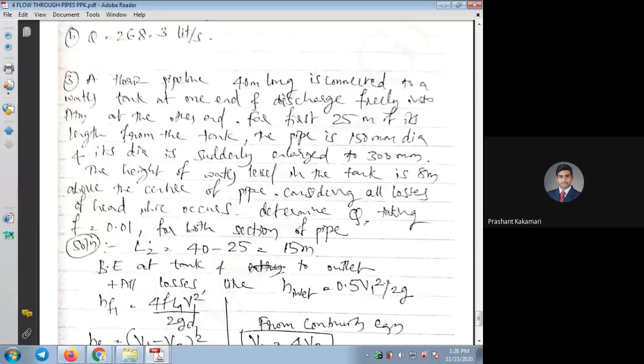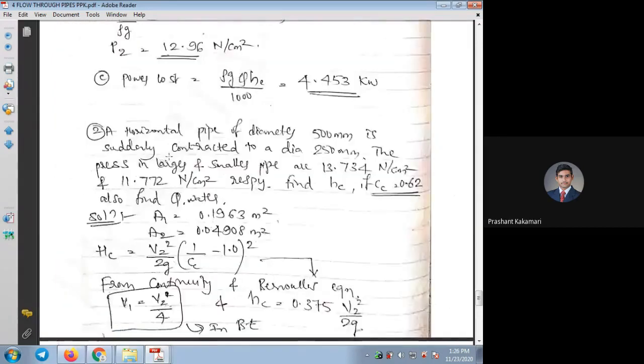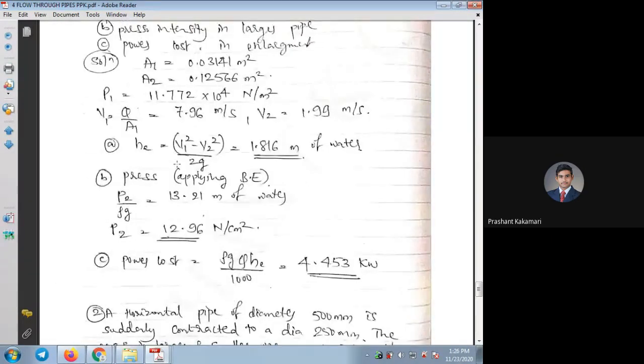This last problem is a horizontal pipe. So again, Z1, Z2 is cancelled here. A pipe is 40 meters long. Now here, see, in earlier problems we mentioned only diameters, not the length, because it had only contraction or sudden expansion or some fittings in the pipe.